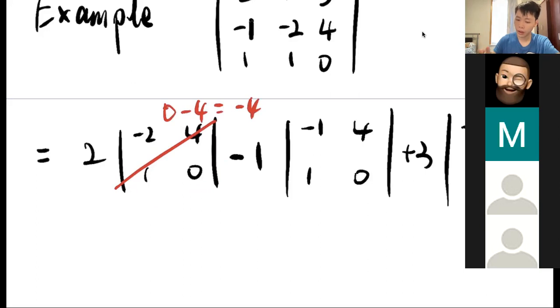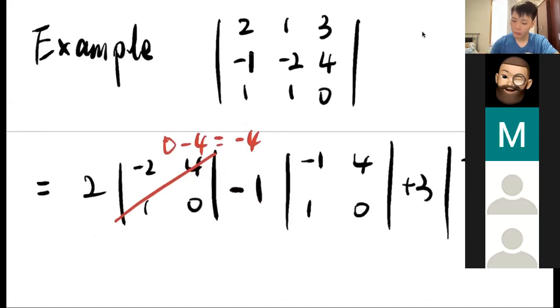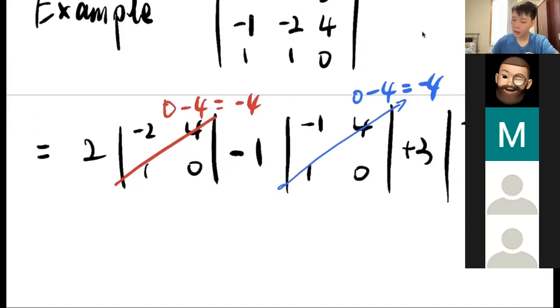For the second 2 by 2 determinant, it is minus 1 times 0, which is 0, minus 1 times 4, which is 4, so this is 0 minus 4, which is minus 4. And the third one here is minus 1 times 1, minus 1 times minus 2. So it's minus 1 minus minus 2, which is positive 1.